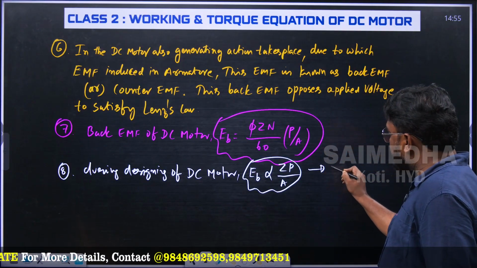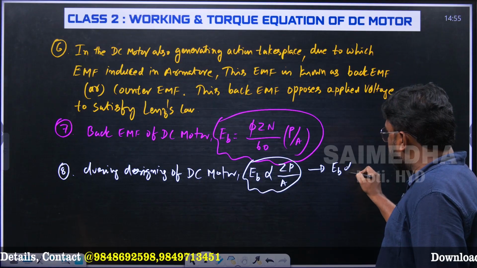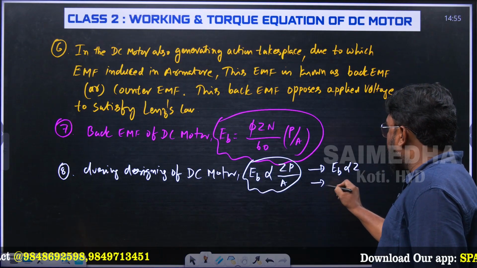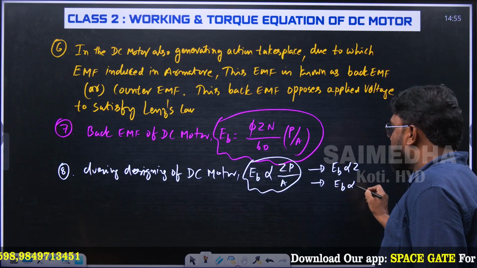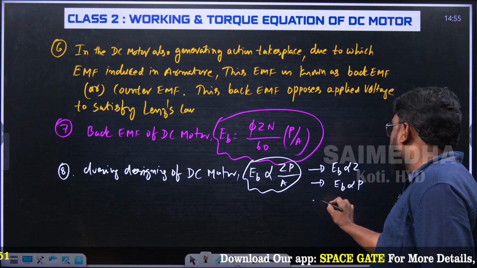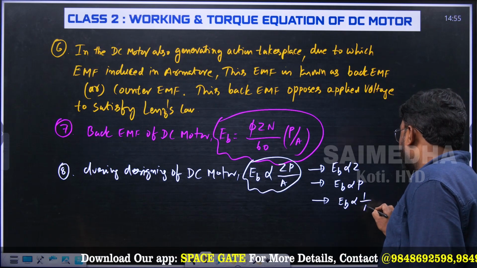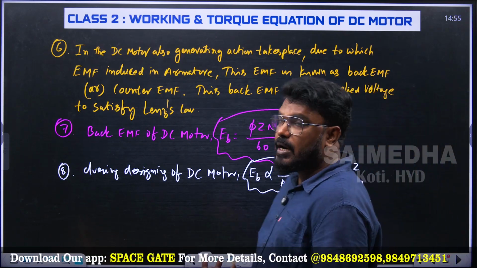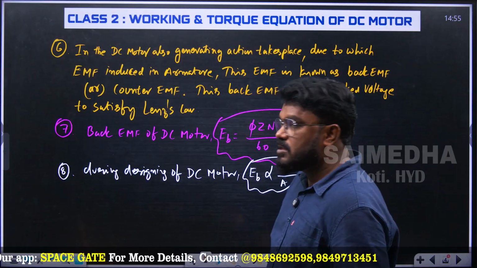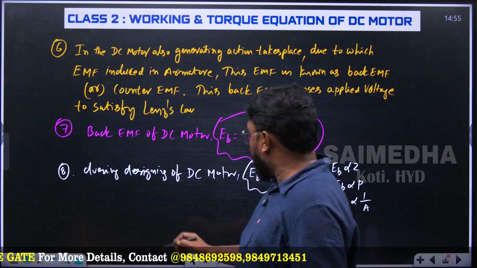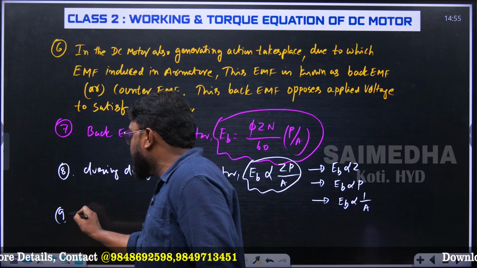From this equation you can write: back EMF is directly proportional to conductors, directly proportional to poles, and inversely proportional to the number of parallel paths. Like this we can answer this question.